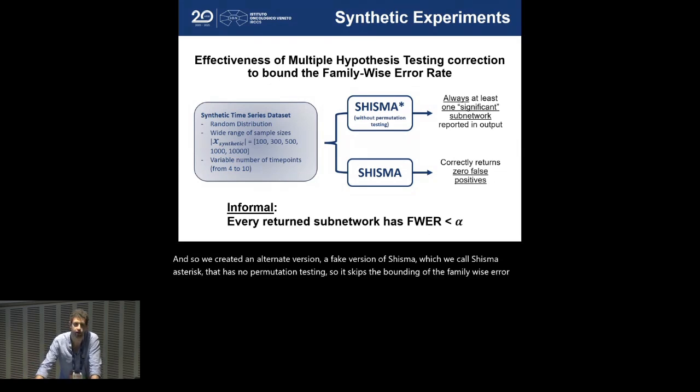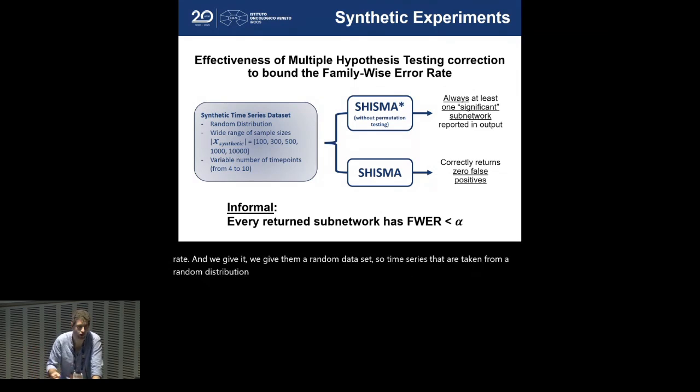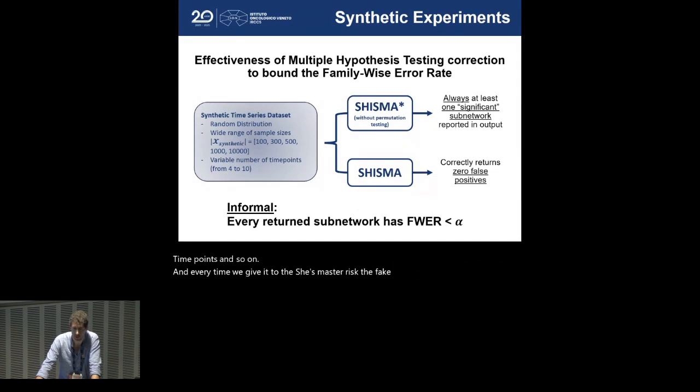And we give them a random dataset, so time series that are taken from a random distribution with a varying number of sample sizes, a varying number of time points, and so on. And every time we give it to the SHISMA asterisk, the fake one, we have at least one significant subnetwork, so it's a false positive.